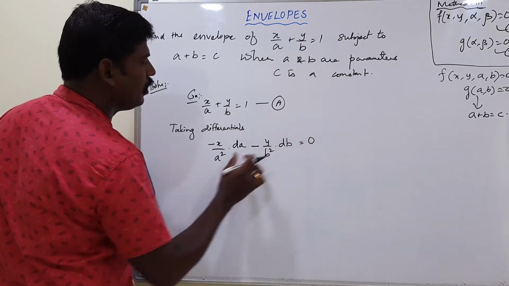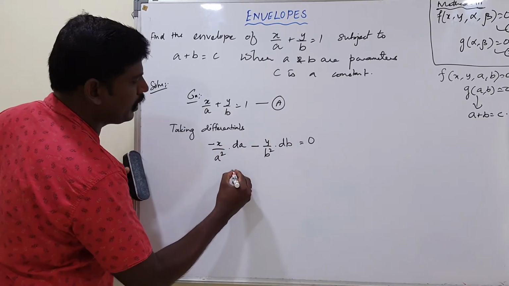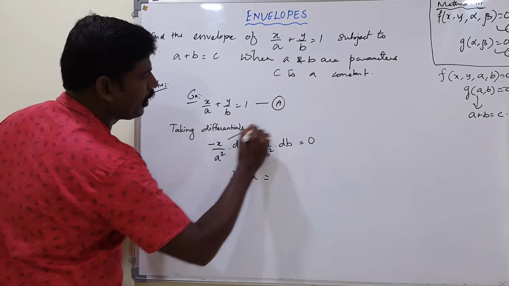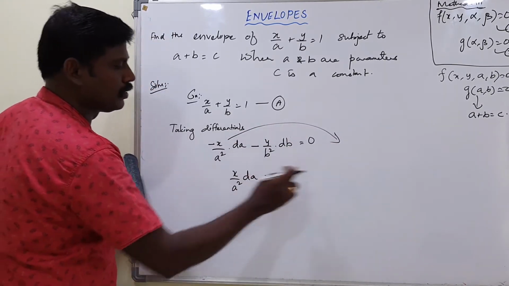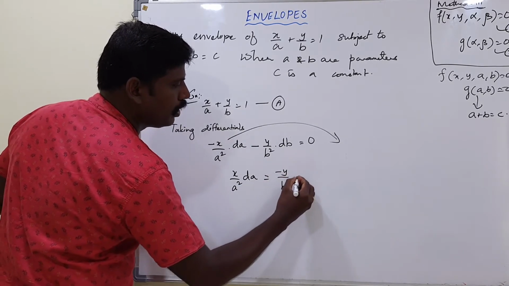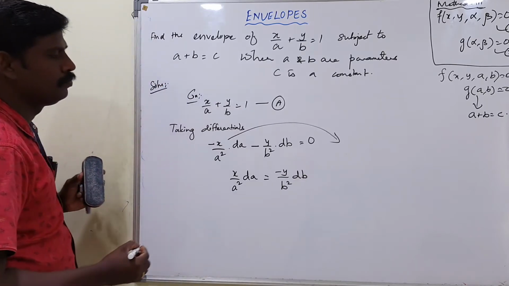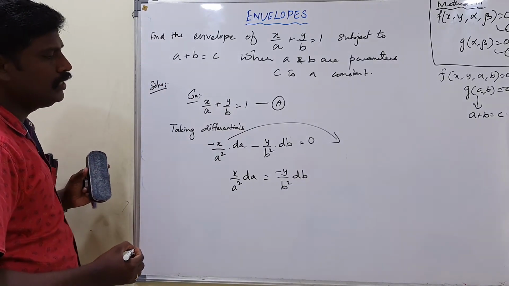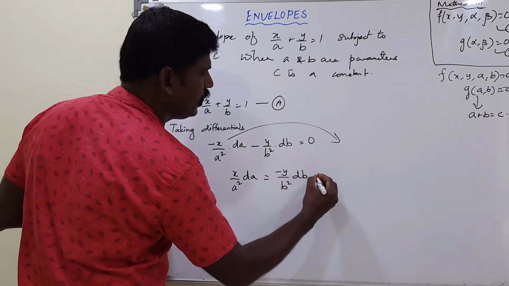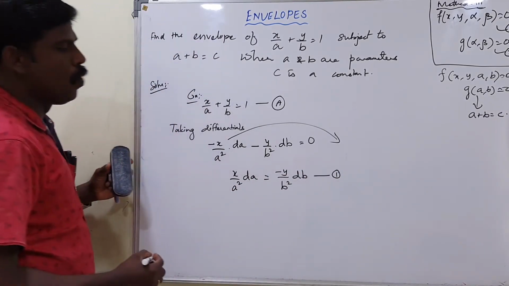Now I am taking this term to the right hand side, and it becomes plus. So x by a square into dA is equal to minus y by b square into db. I call it equation number 1.